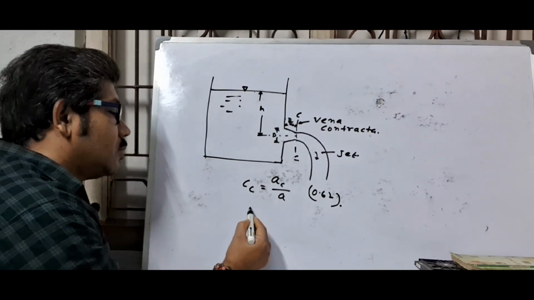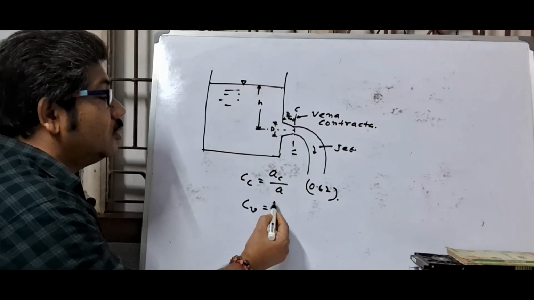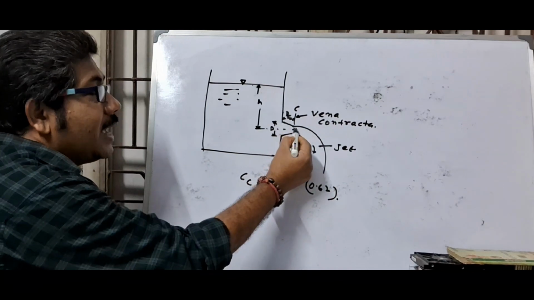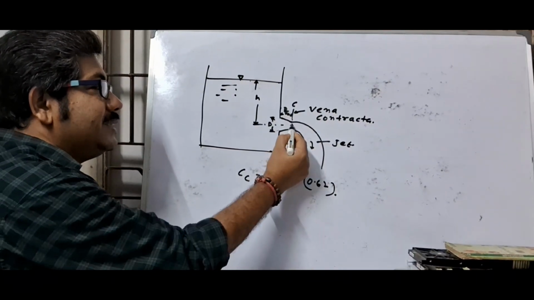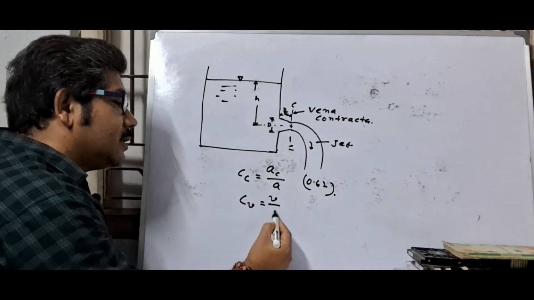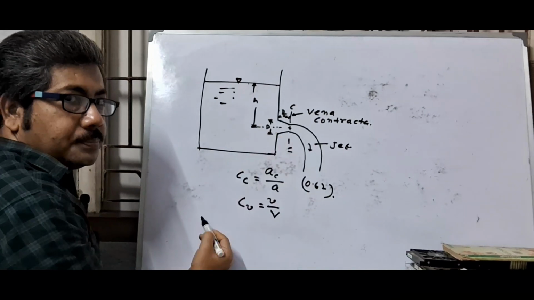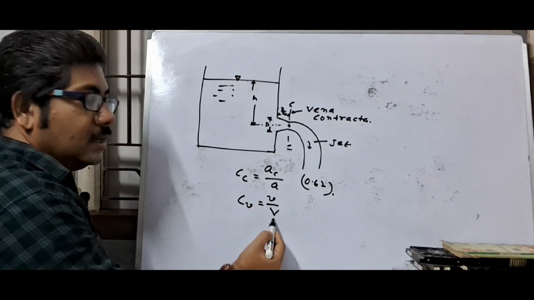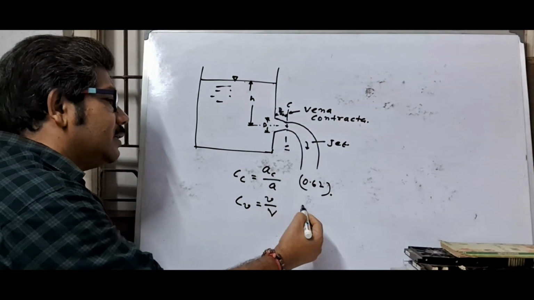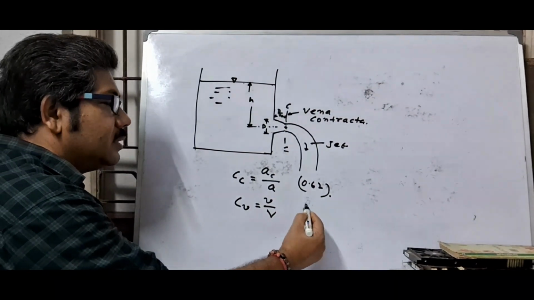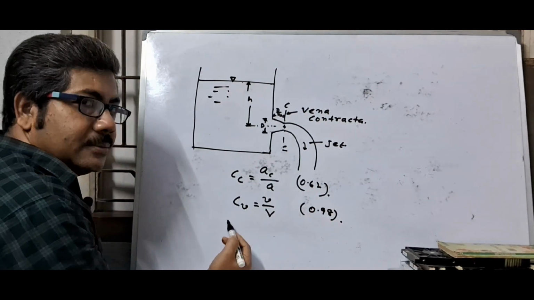Next, coefficient of velocity, C suffix V. It is the ratio of velocity of jet at vena contracta and theoretical velocity of jet at orifice, small v by capital V. Generally for sharp-edged orifice, this value is taken 0.98.